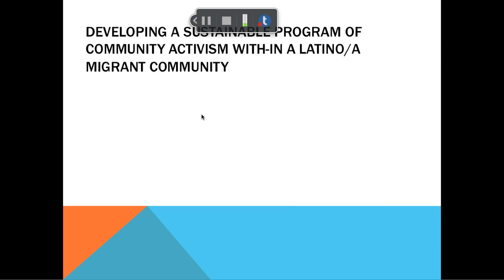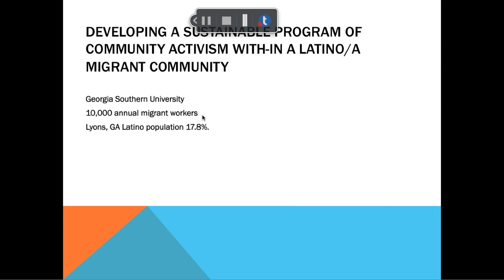So the first one is developing a sustainable program of community activism within a Latina migrant community. This work was done through Georgia Southern University. And in that area, for the Vidalia onion harvest, there are 10,000 annual migrant workers that come in there.